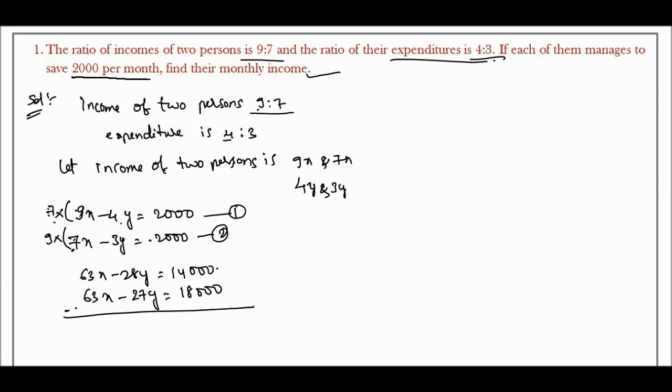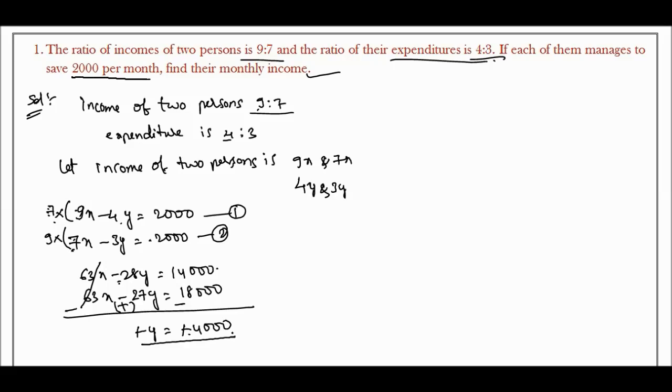If we subtract, the 63x gets cancelled, and minus 28y plus 27y is minus y, equal to 14,000 minus 18,000, which is minus 4,000. So y is equal to 4,000.